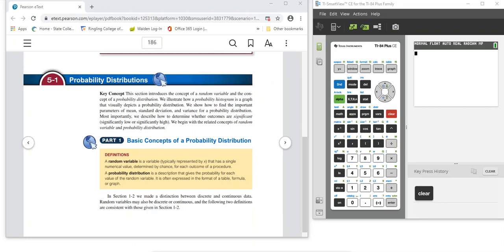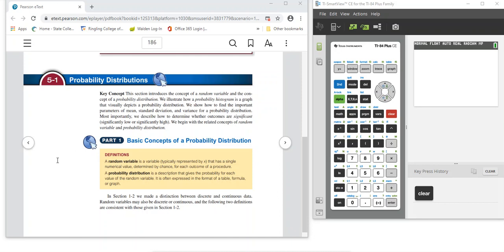And so we're going to start out, and again, this book may or may not be the book that you have, but the concepts are all the same things. Here we see probability distributions, and they start out with a definition. They say random variable. Think of a function in algebra.